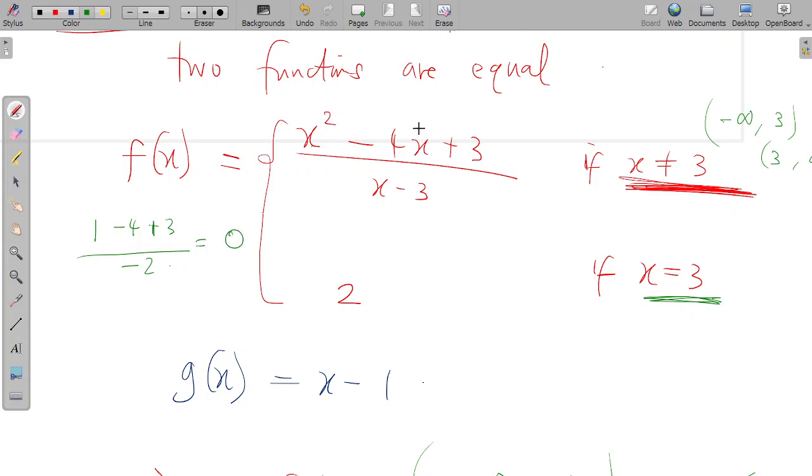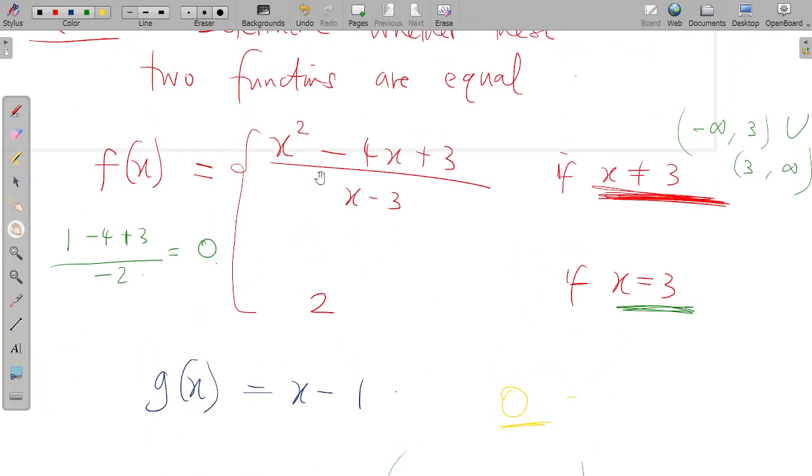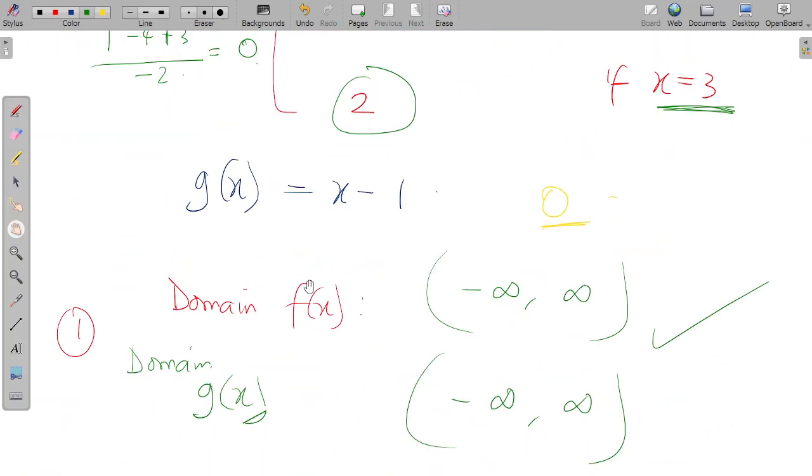So if I put 1 in f of x, I will get 0. Now let me put 1 in g of x. I will also get 0. Okay, that is fine. Let's put 3. If I put 3 in f of x, I'm picking this case where x equals 3, and I'm getting 2. Let me put 3 in g of x. What I will get is still 2.